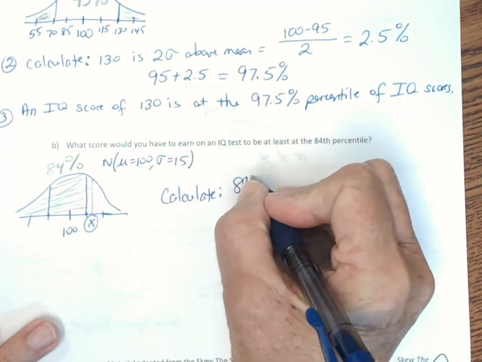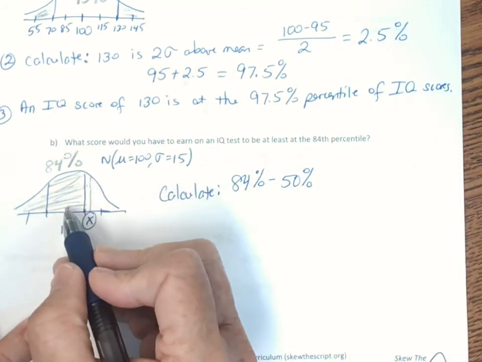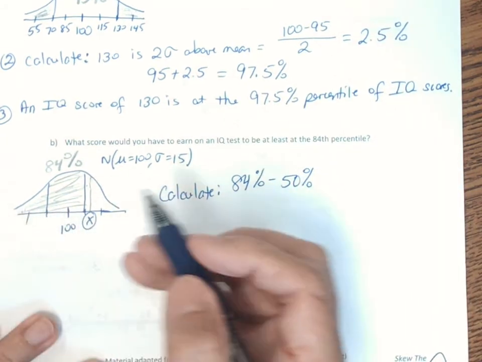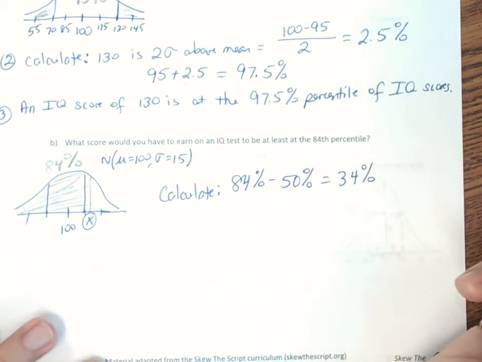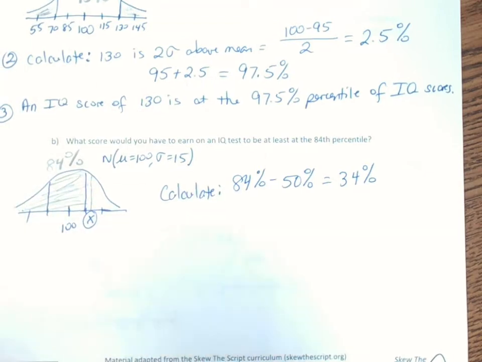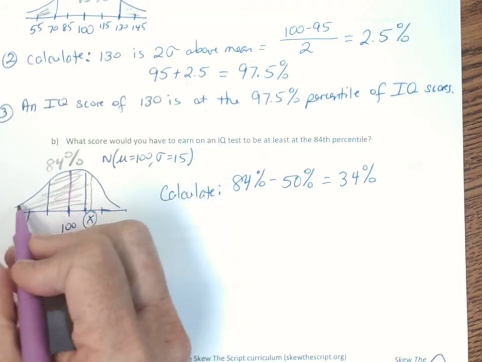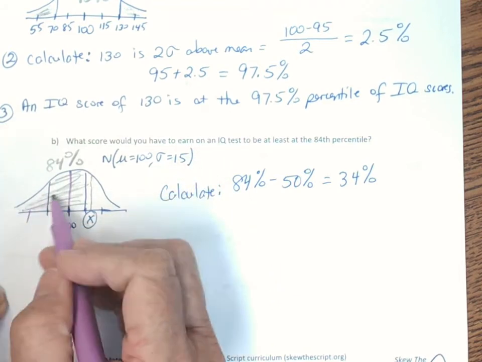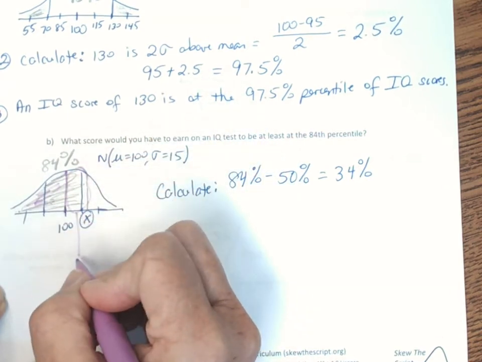So 84% minus 50%. So that's going to be everything to the left here. That gives me 34%. Okay, so that's accounted for. 50% was all of this. So 34% is here.